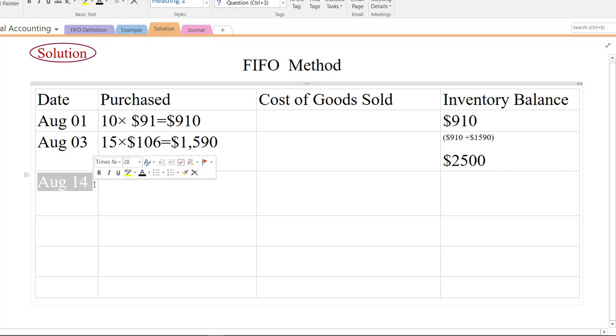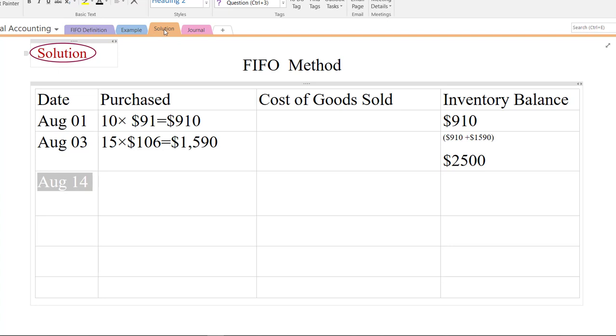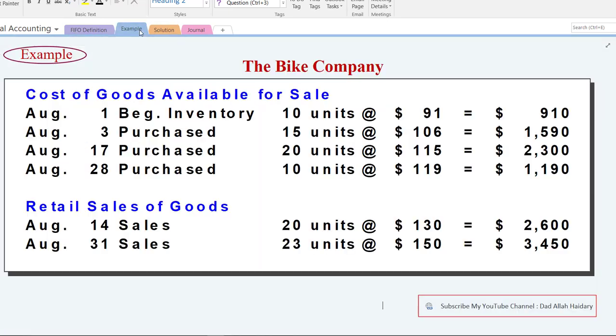Okay, so students, before August 17, let's look at whether there are any sales or not. Yes, you can see here that on August 14 we have sales. 20 units are sold, right? So first we have to calculate the cost of goods sold for August 14, and after that we'll move to August 17.